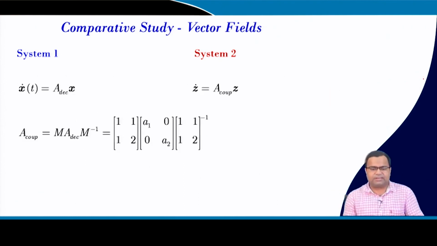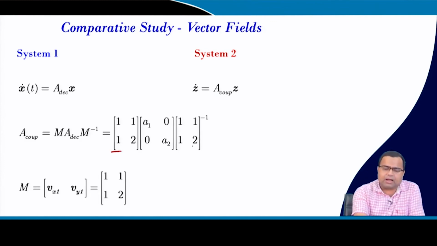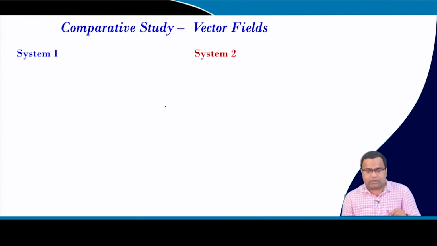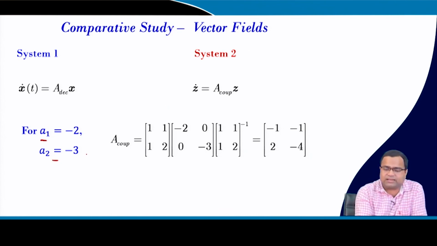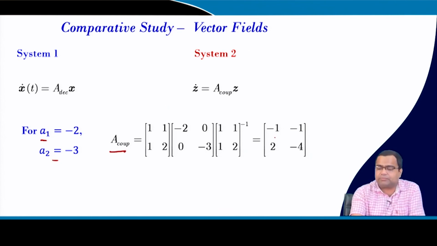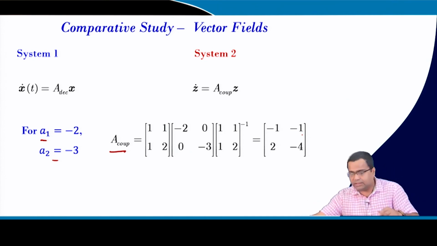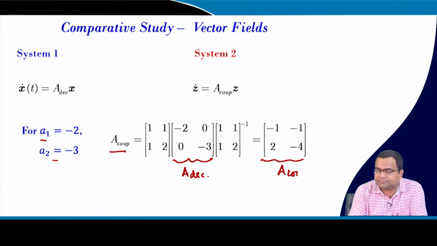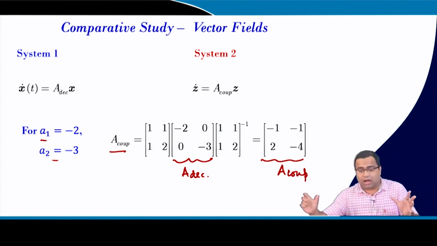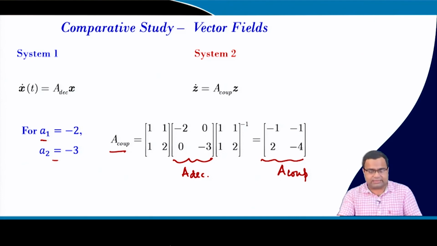Now, since you have not put any value here, we want to see what will happen for this particular case. Suppose we have taken A1 to be -2, -3, and the coupled system will be -1, -1. So, we want to see the vector field in the decoupled system. This is my decoupled matrix and this is my coupled matrix. Whatever we discussed now, we want to see what happens in this case.